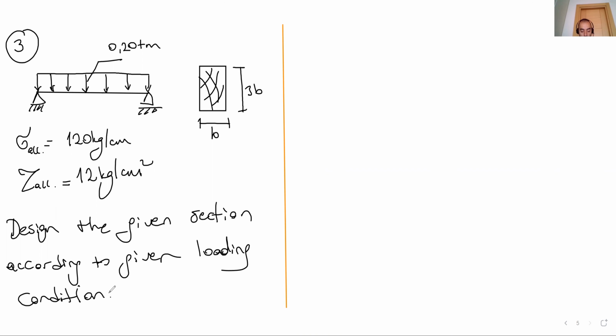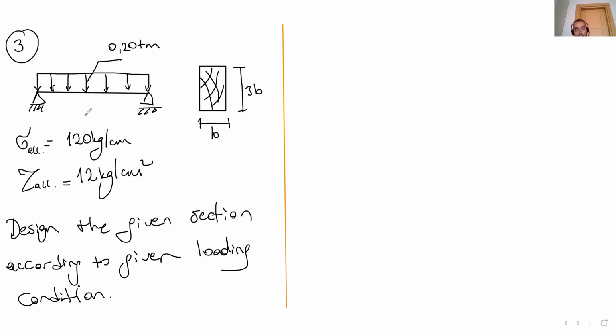What are we going to do here? So at the end of the day, we have a beam. We need to know the internal forces. Remember, we should first calculate the internal forces.